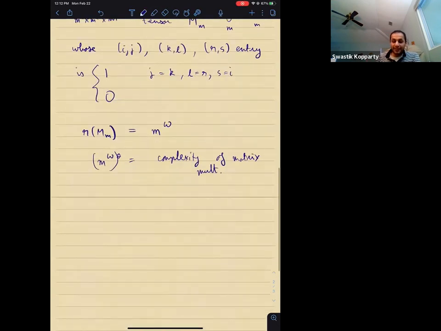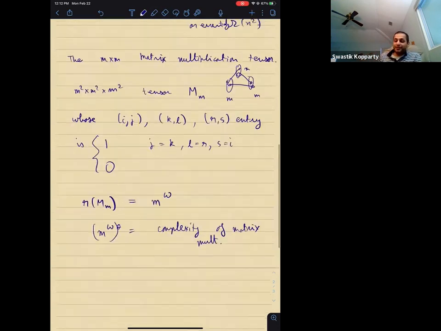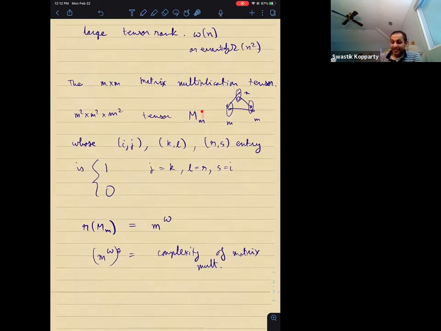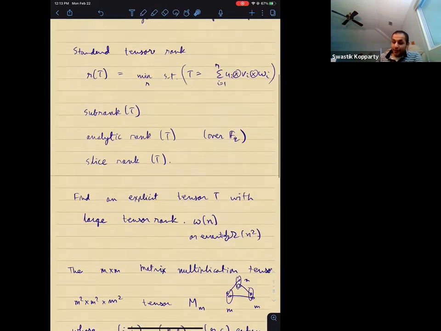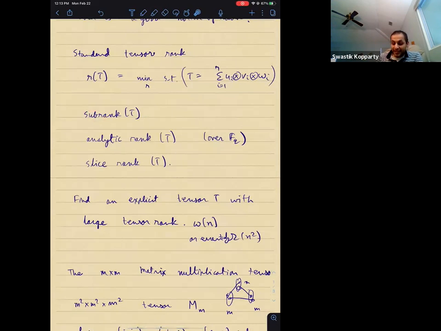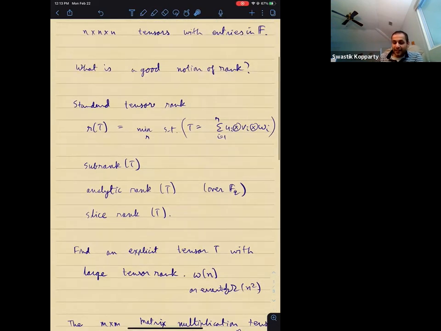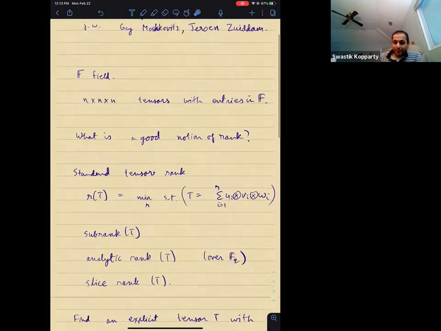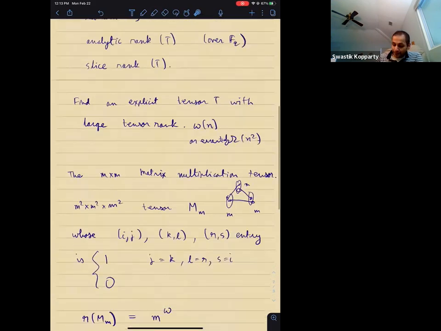So I told you a little bit about tensors. One of our friends in this talk will be the matrix multiplication tensor, but I'll come to that at the very end. I'm now going to spend some time introducing the other notions of tensor rank, and after that I will define this notion of geometric rank of a tensor.